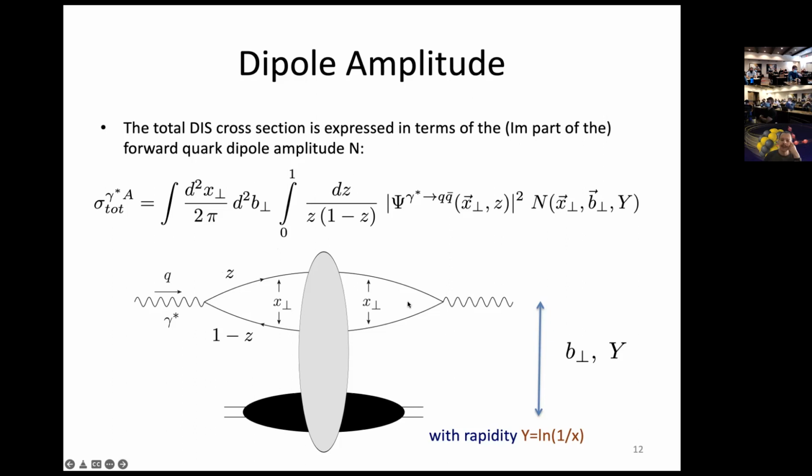Now, you may ask why the transverse size of the dipole doesn't change in the interaction. And that's really the important point here, that in a high energy scattering, if you have these quarks interacting with a target, in the leading order high energy eikonal approximation, the transverse positions of the quark and antiquark do not change. The recoil is negligible.